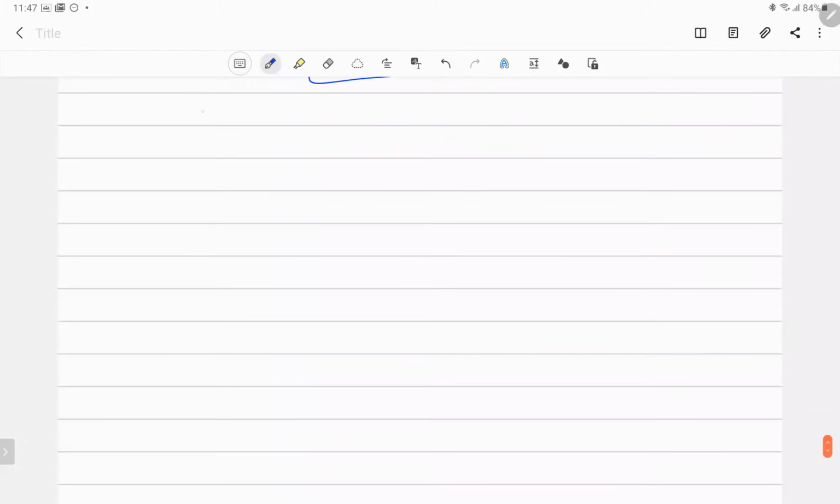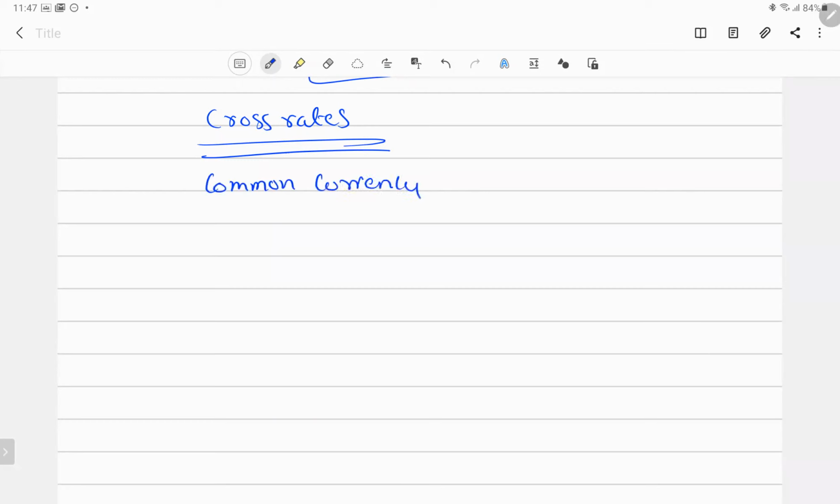Then coming to one more term called the cross rates. Let us discuss the cross rates. I'll put it in a simpler way, not getting into any bookish terms. There will be a common currency.